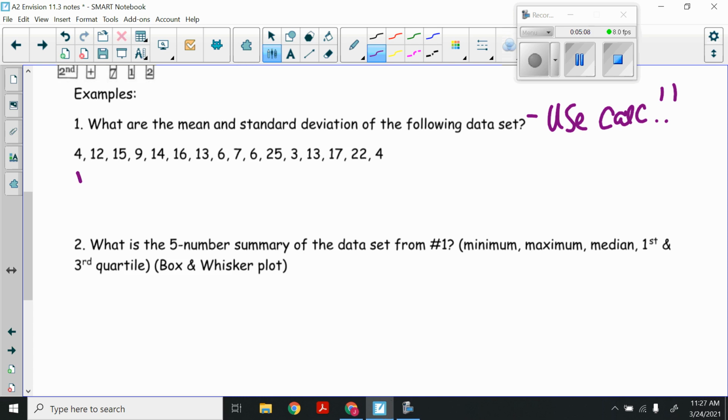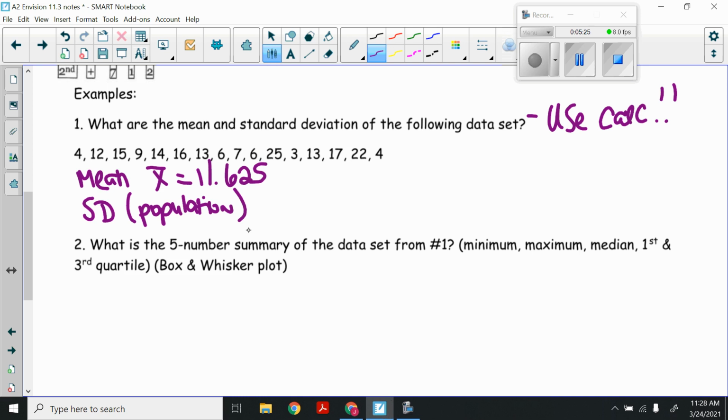So our mean, which again is the X with the bar above it, is equal to 11.625. Our standard deviation, and we're going to use the one of the population, okay? Because our calculators will give us a standard deviation for the population and also for the sample. But we want the standard deviation of the entire thing here, which is our population. So our standard deviation is approximately 6.313.